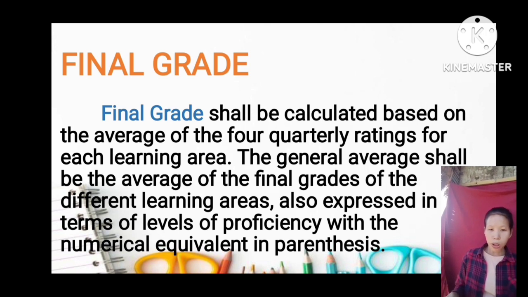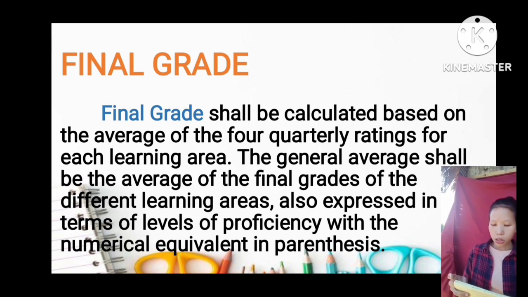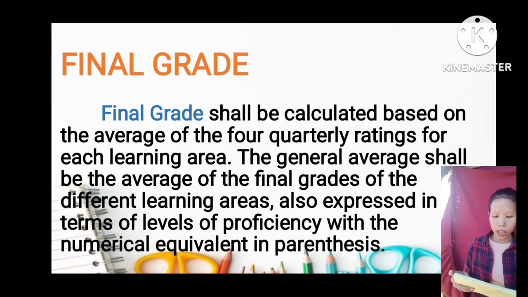For example, in mathematics, the student got 88 in the first quarter, 85 in the second, 84 in the third, and in the fourth quarter we have the grade as well. I just add the grades of the student for the first to fourth quarter for the final grade.